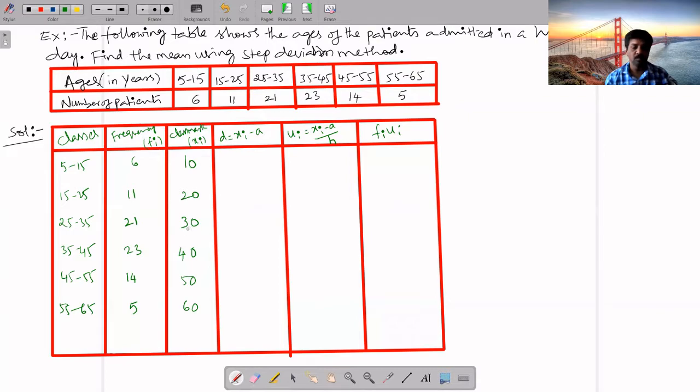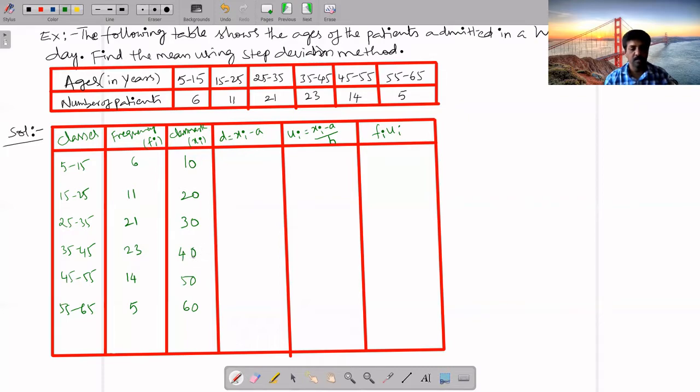Now, as we did in the previous method, like that only we have to choose one value in these class marks as a. If you select the middle value as a, our calculation will be simple. Instead of taking the first one or the last one, it is better to take the middle.